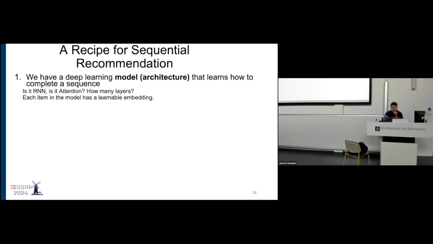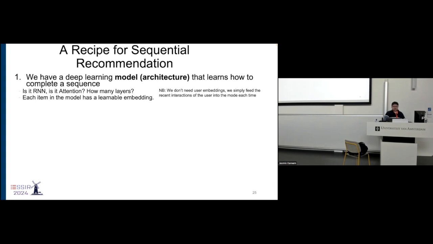Okay, before talking about some specific models and approaches for sequential recommendation, let's discuss what we need to build a sequential recommender model. We need a model architecture, maybe a transformer, or a recurrent network, or a convolutional network.